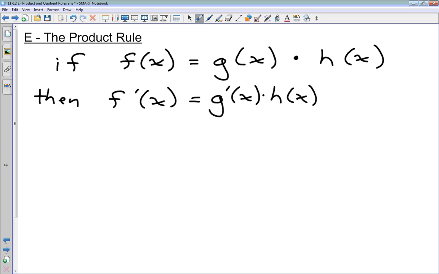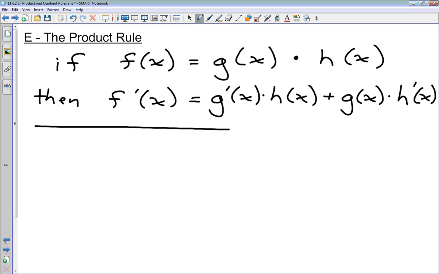Then to this we add the first function, g at x, multiplied by the derivative of the second function, h primed at x. So f primed at x is g primed at x times h at x plus g at x times h primed at x. So the derivative of the first times the second plus the first function times the derivative of the second.